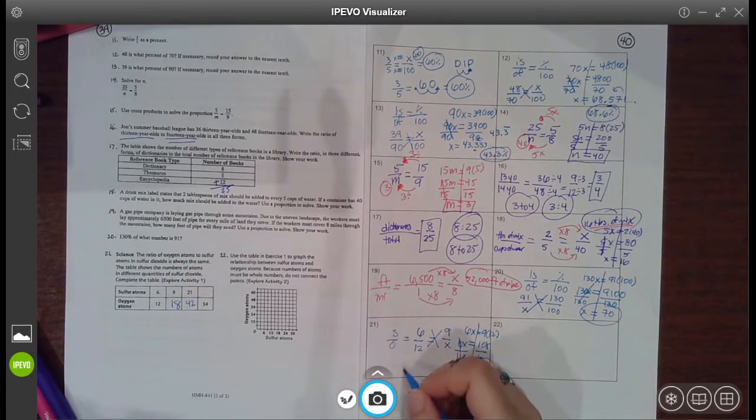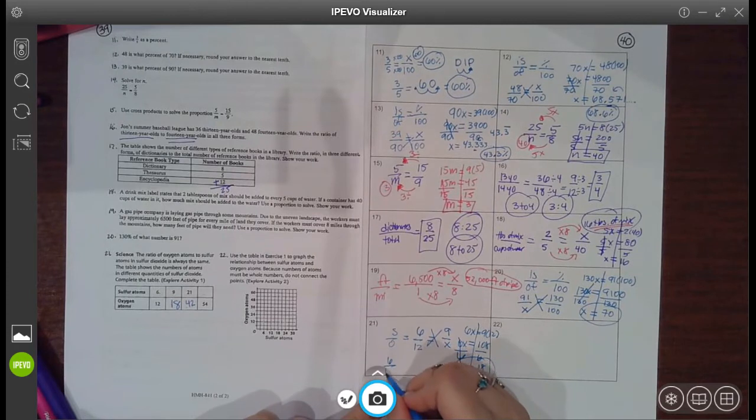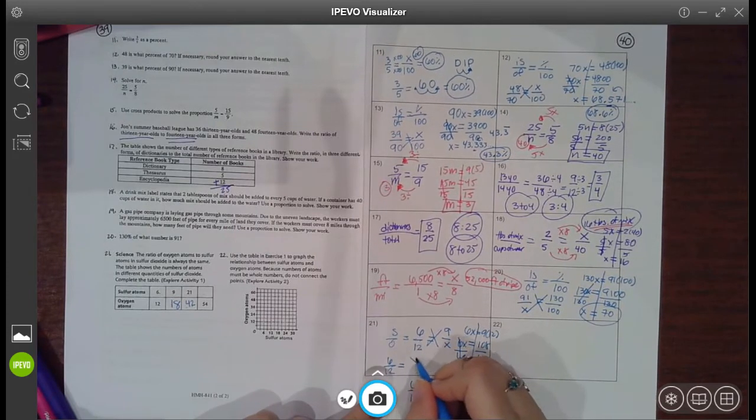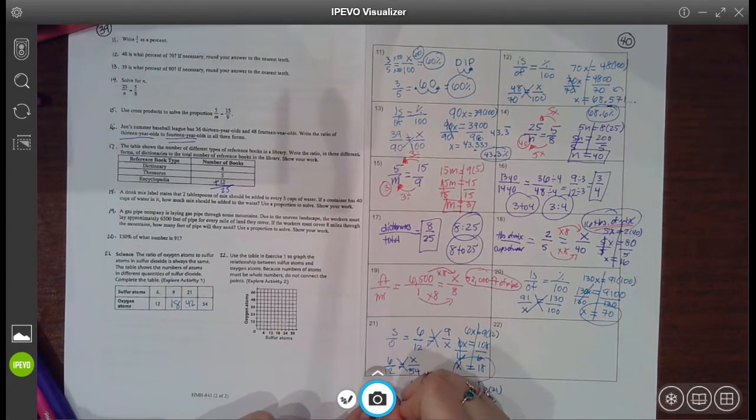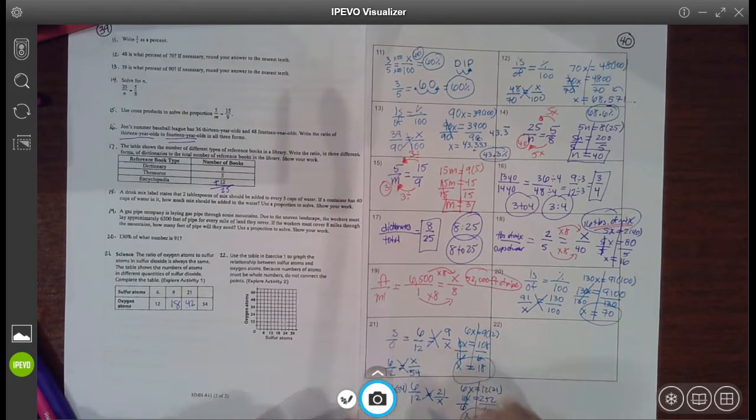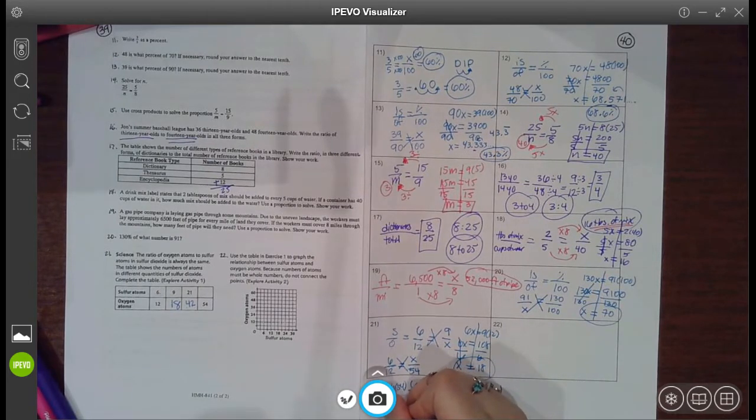And then the last one, your proportion is 6 over 12 equals something on top, but 54 on the bottom. Again, you can't do 12 times something to get 54, so let's do cross products. 12x equals 6 times 54. 6 times 54 is 324.